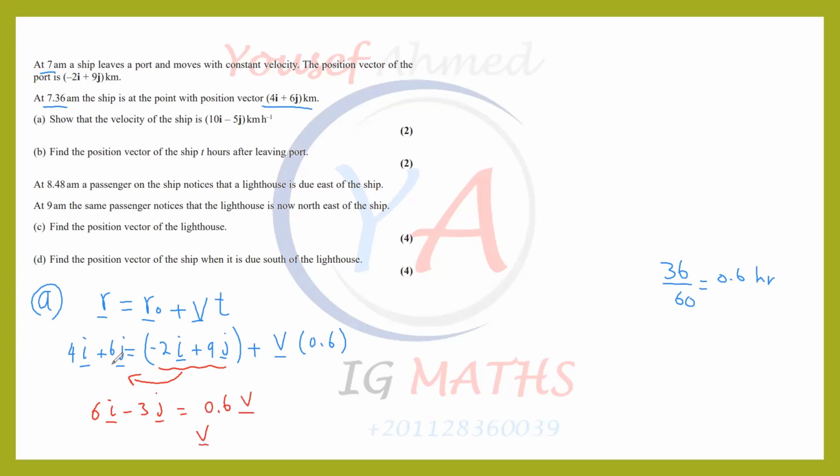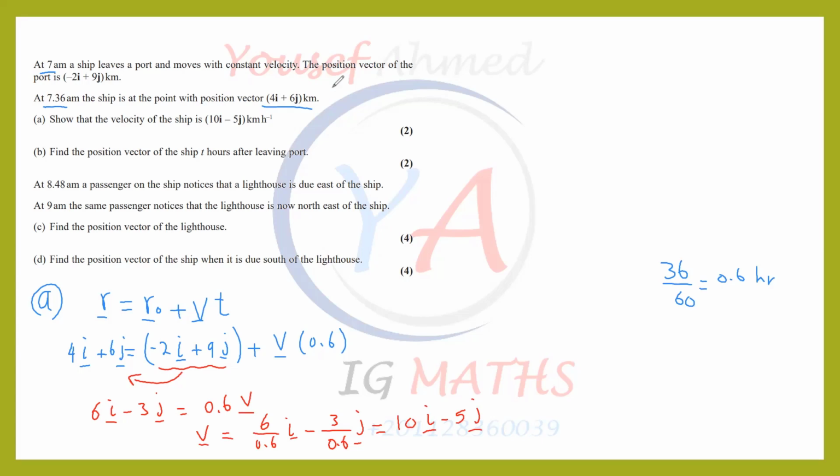So v is equal to 6 over 0.6 i, and minus 3 over 0.6 j. This gives you the final answer. So it will be 10 in i direction minus 5 in j direction. This is the velocity for the ship.